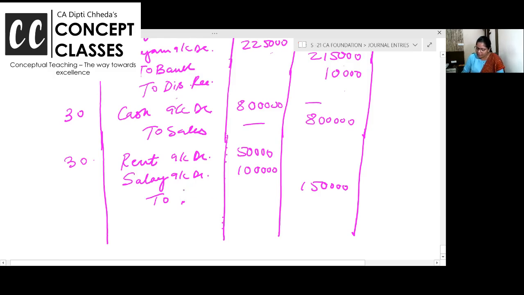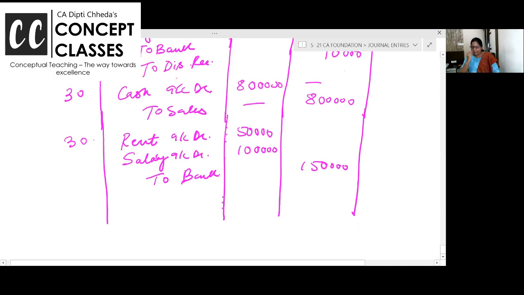You have paid, debit all expenses. So rent debit, salary debit, and to bank 1,50,000. Easy.